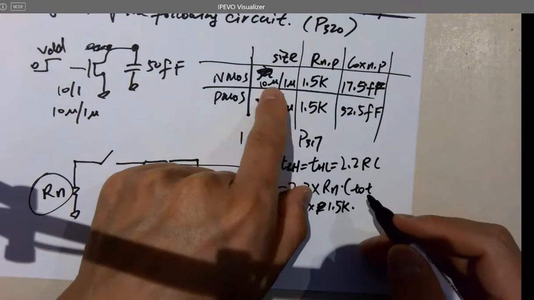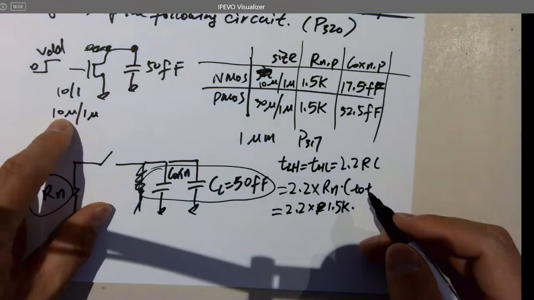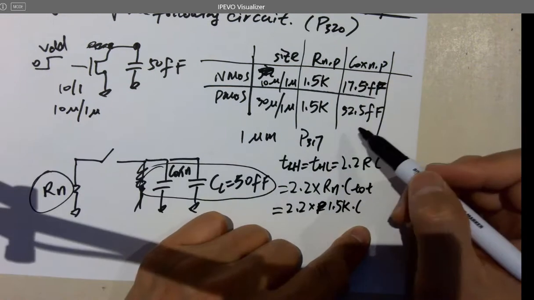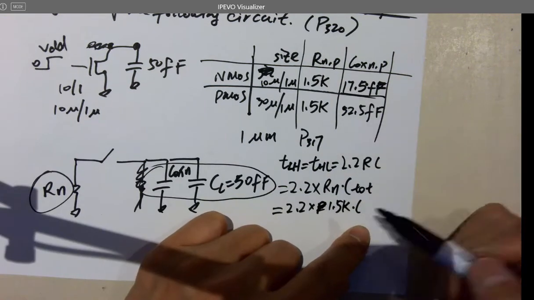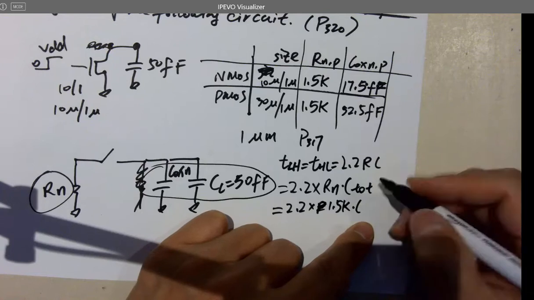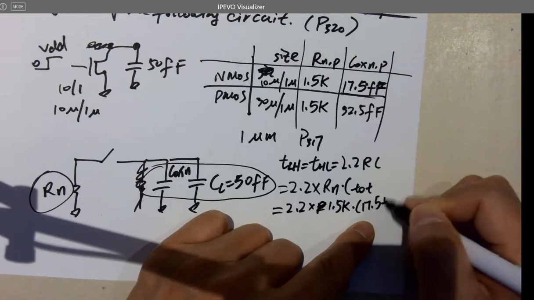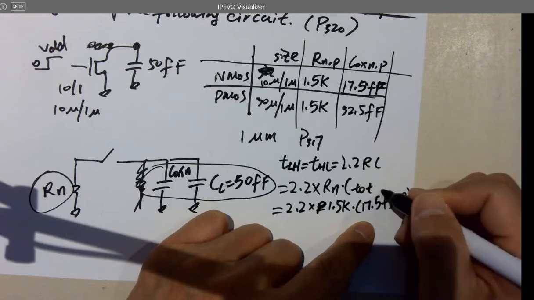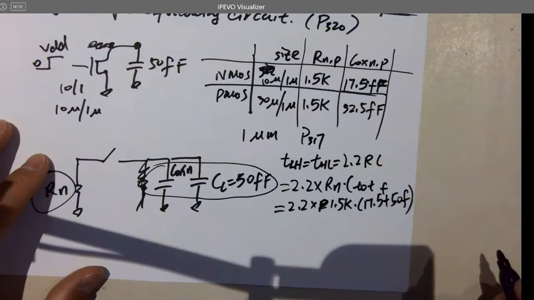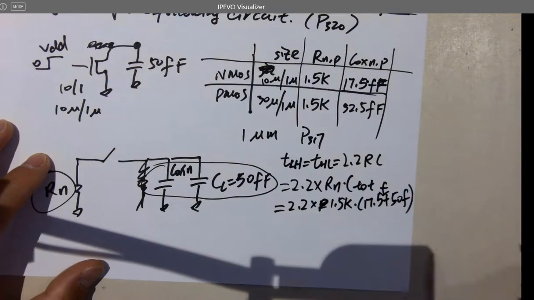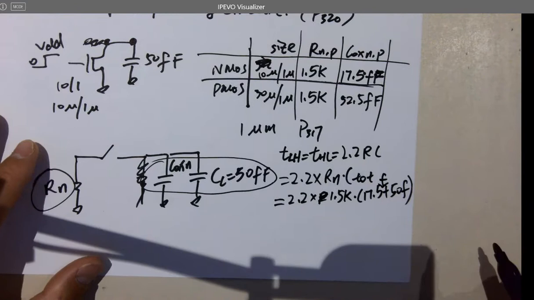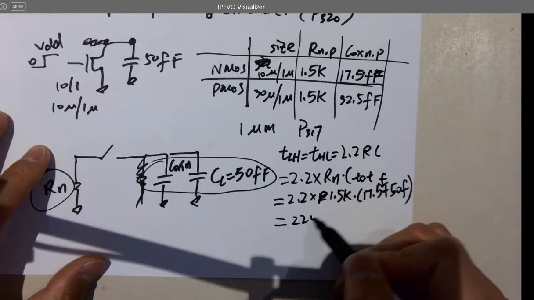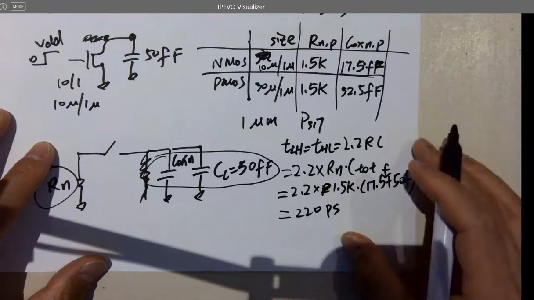And for this 10 micron over 1 micron, which is exactly the same size as here, C total equals Cox plus the load, 17.5 plus 50 femto. And then do the calculation, somewhere around 220 picoseconds.